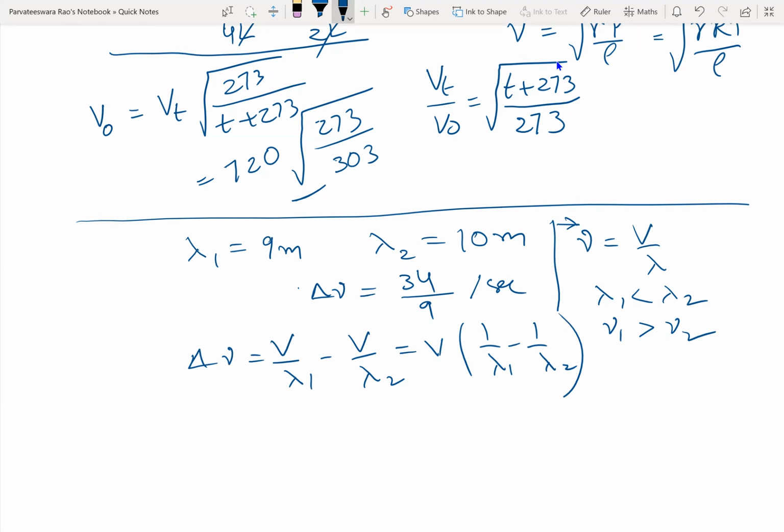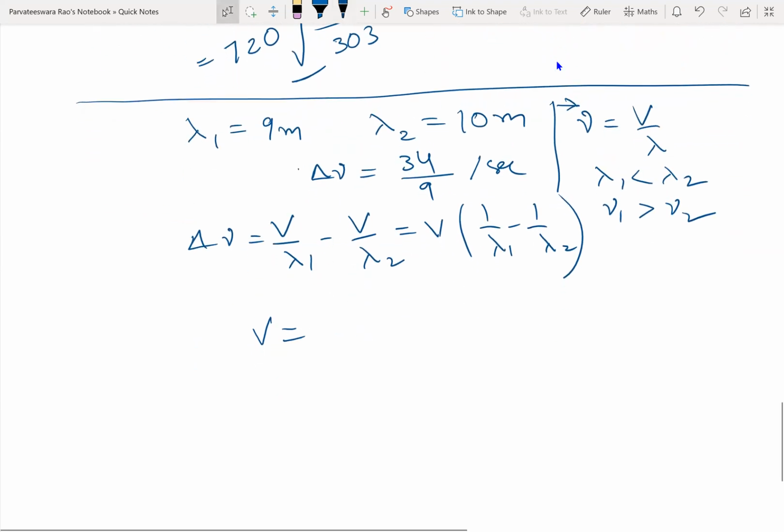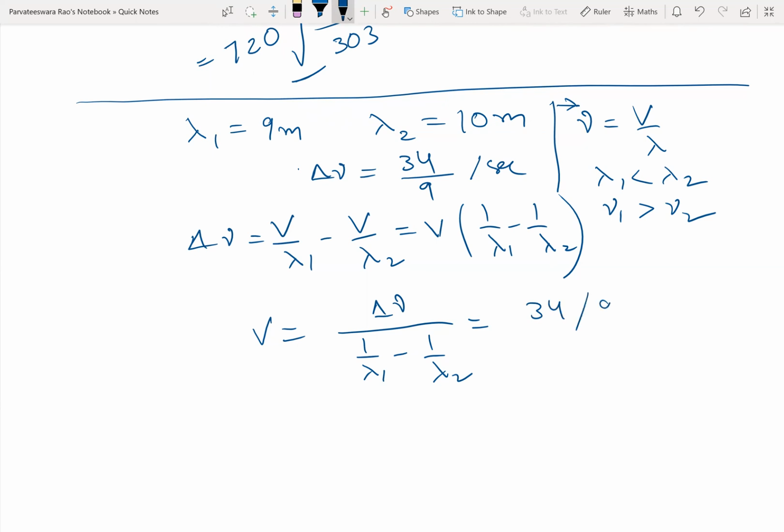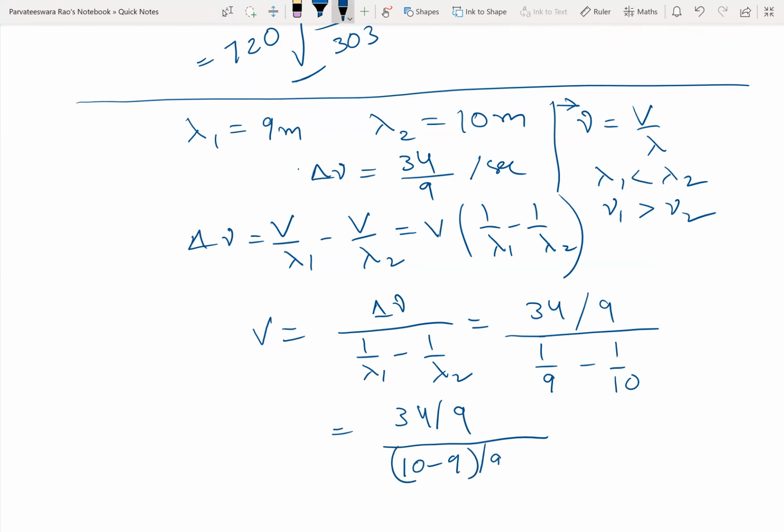You are asked to find the speed of sound. V is equal to delta nu by 1 by lambda 1 minus 1 by lambda 2. So it is 34 by 9, divided by 1 by 9 minus 1 by 10, which is 10 minus 9 by 9 into 10. So it should be 340 meters second inverse.